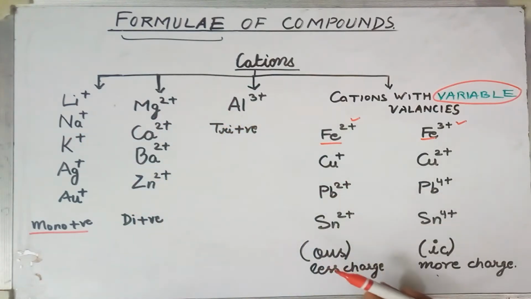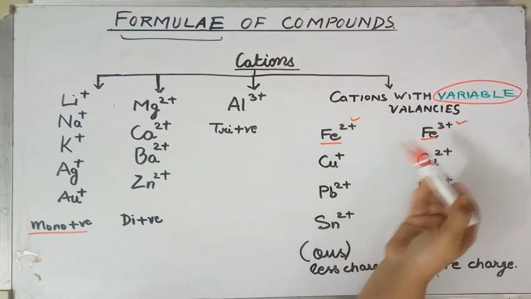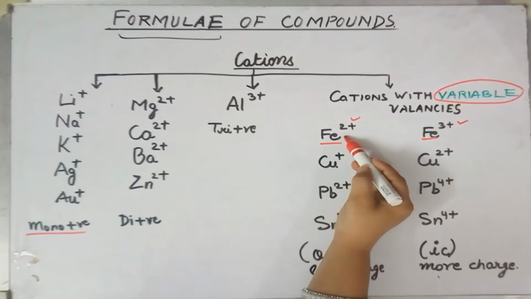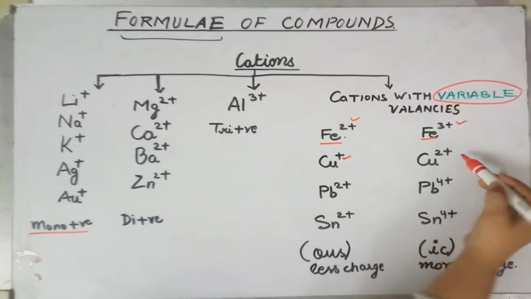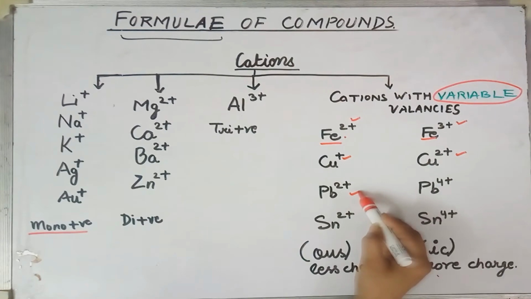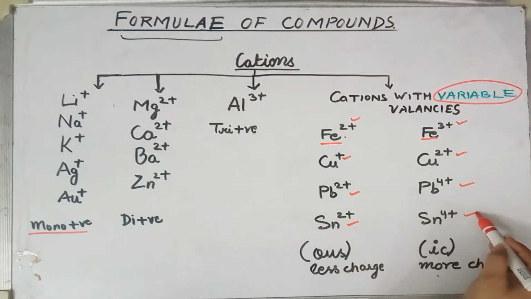But there are certain elements which show variable valency, and these are Fe+2 and Fe+3, Cu+1 and Cu+2, Pb+2 and Pb+4. Here it is tin+2 and tin+4.